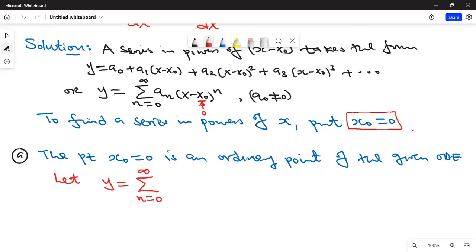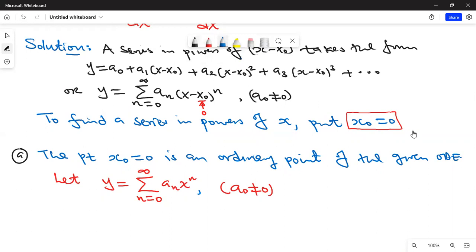And the requirement is that a naught is not equal to 0. Remember the a naught, a1, a2, all the way up to an, up to infinity, are series coefficients.